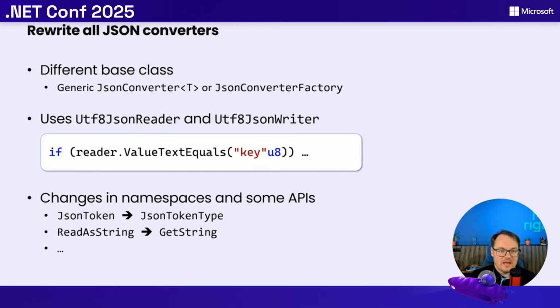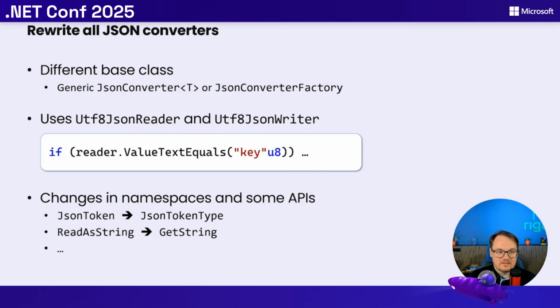They are not that different. There are different base classes, some namespaces, some enums were changed or renamed, but overall it's a lot of trivial changes in the code. Basically you will change the base class, run the compilation, see the compile errors, and then go one by one and fix these.